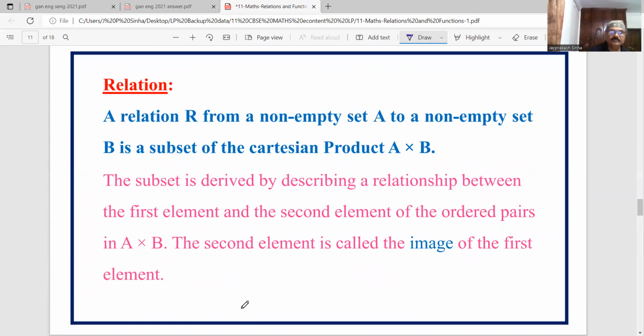Now we'll come to the function. There are two terms, relations and functions.